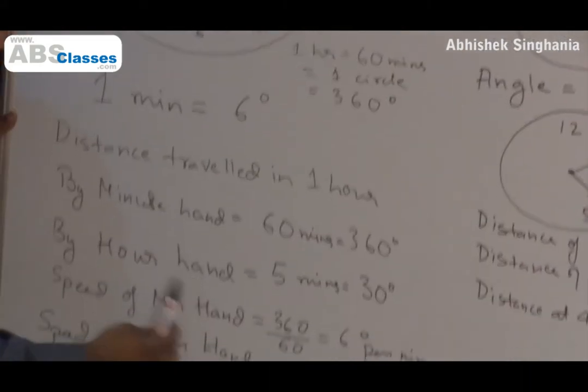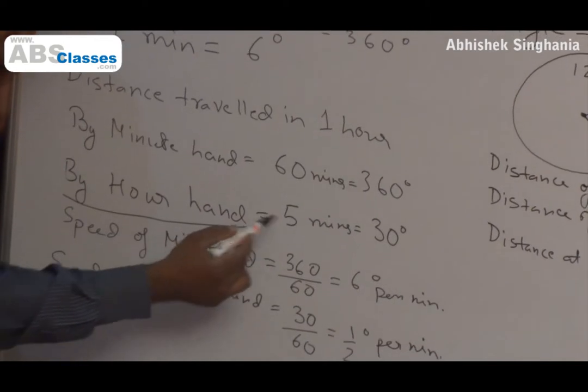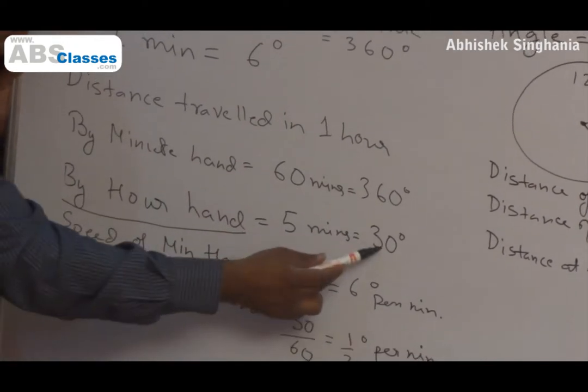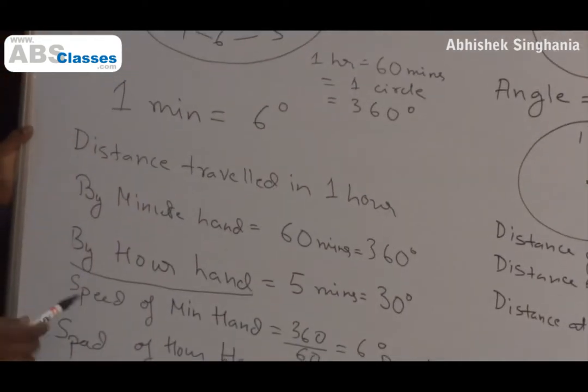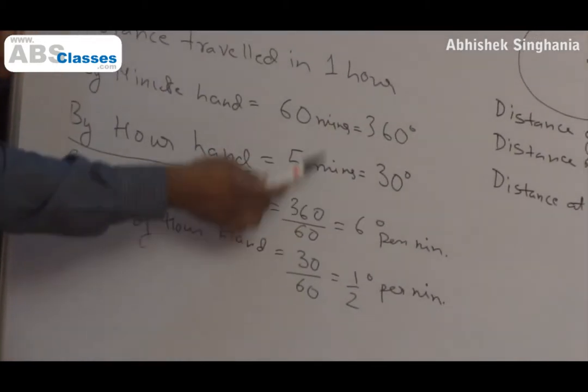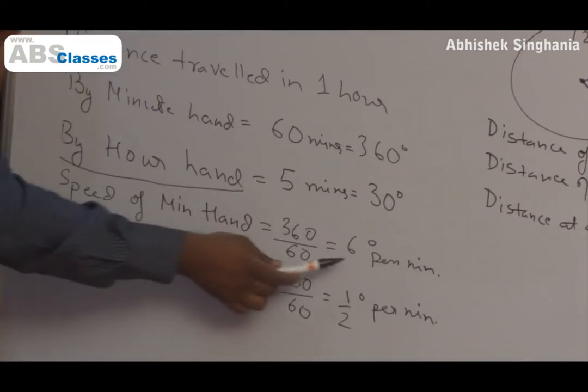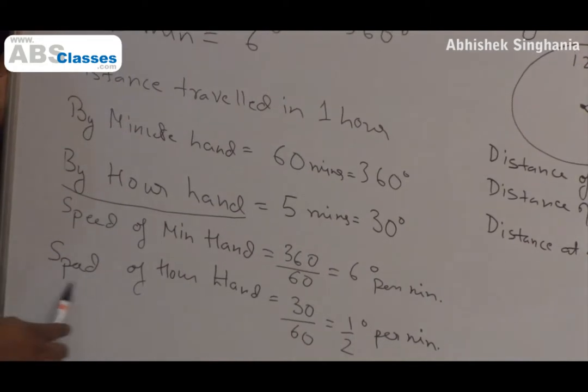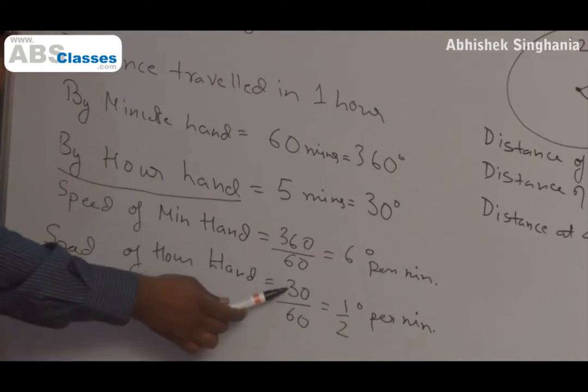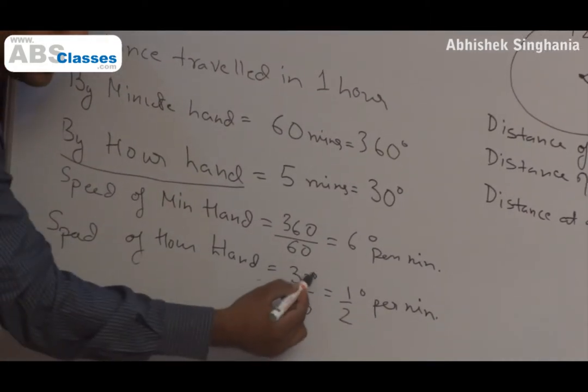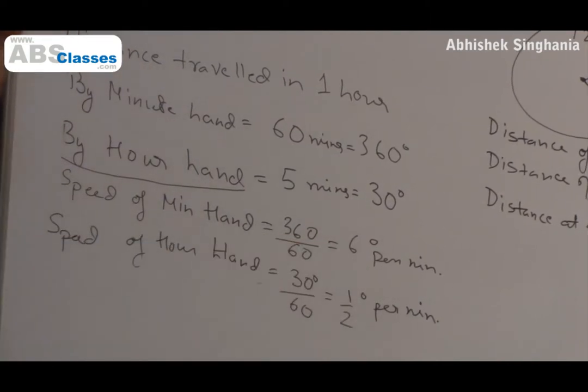So the distance travelled by the hour hand in 1 hour is 5 minutes, which is equal to 30 degrees. Therefore the speed of the minute hand is equal to 360 by 60, 6 degrees per minute. Speed of the hour hand is equal to 30 degrees by 60, half a degree per minute.